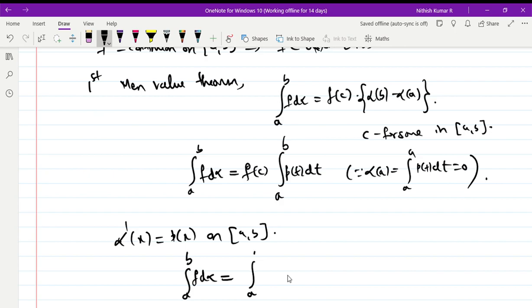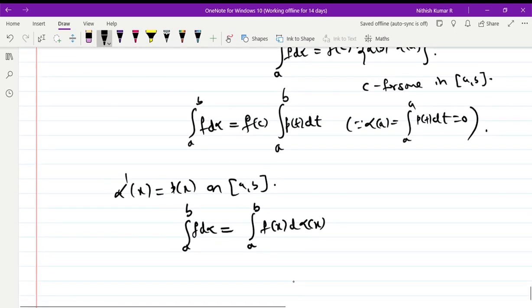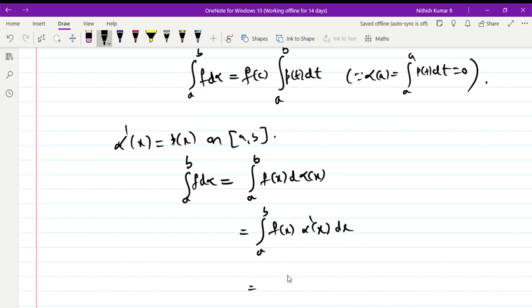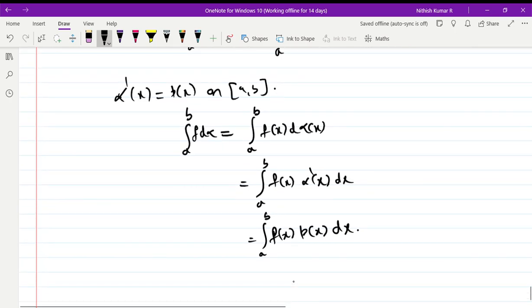Therefore, consider the integral from a to b of f d alpha, which is equal to the integral from a to b of f of x alpha dash of x dx, which is equal to the integral from a to b of f of x p of x dx, because alpha dash of x is nothing but p of x.